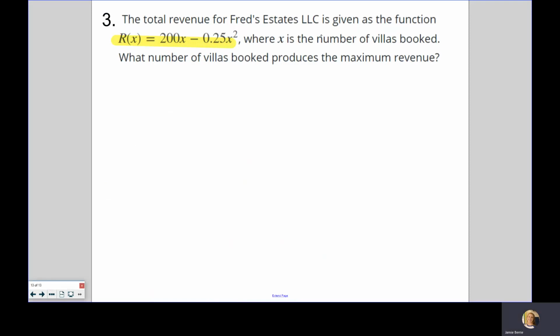It says where x is the number of villas booked. What number of villas booked produces the maximum revenue? All right, so first of all, I can tell by looking at this that this is not in descending order. So let's write that revenue function in descending order. So that's negative 0.25x squared plus 200x.